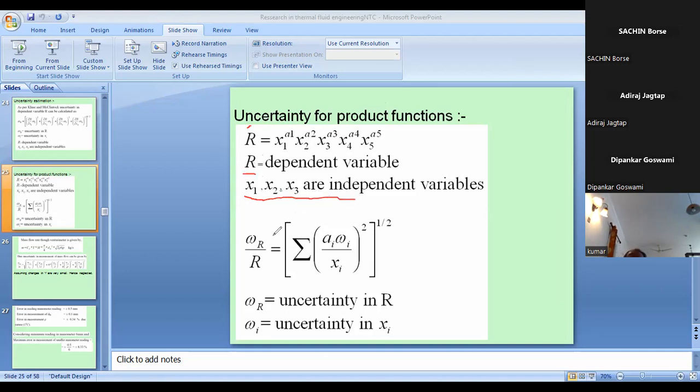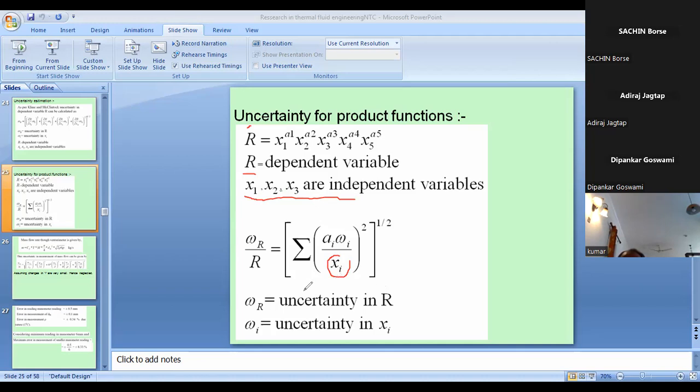Then we can write the formula: uncertainty of R divided by R is equal to square root of summation of (ai times omega i divided by xi) squared. ai is the power of that variable, and omega i is the uncertainty in the independent variable xi.